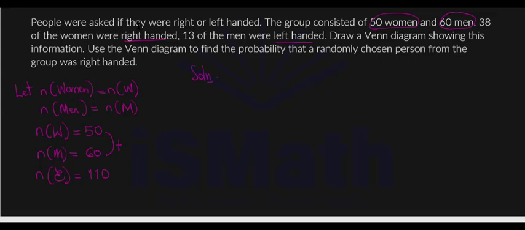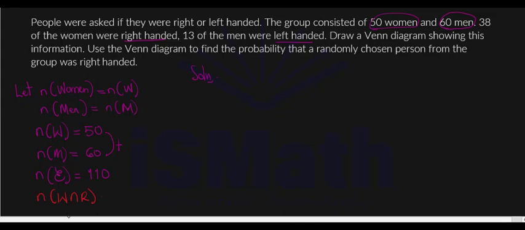So from here I can now move on to the next sentence, which says 38 of the women were right-handed. I could immediately list out this property as well. So the number of women who are right-handed, meaning they are not just women, but they are also right-handed. That's what connects them.